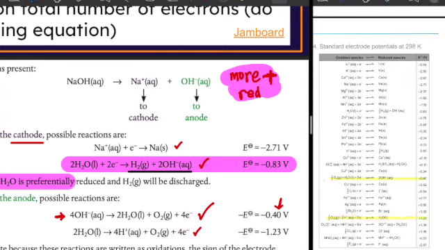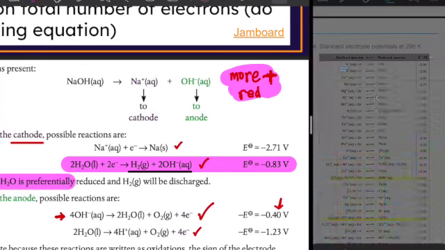This is the right water because this is the one where water is alone and it forms the things that it forms when water gets oxidized. So I identify my two equations. The more positive would get reduced, so this is more positive.